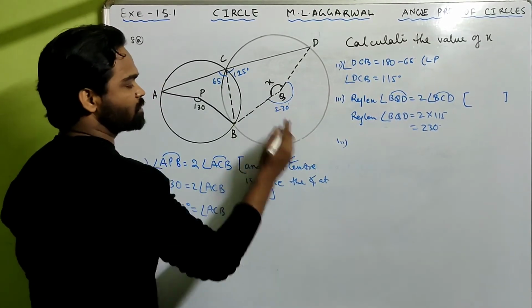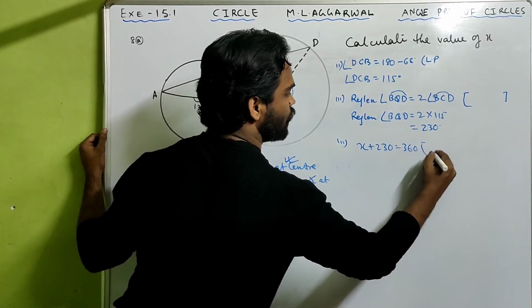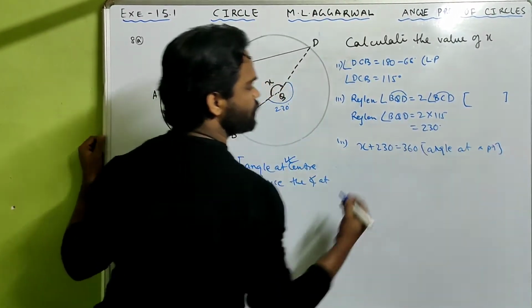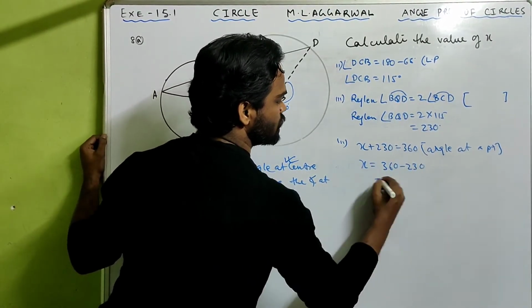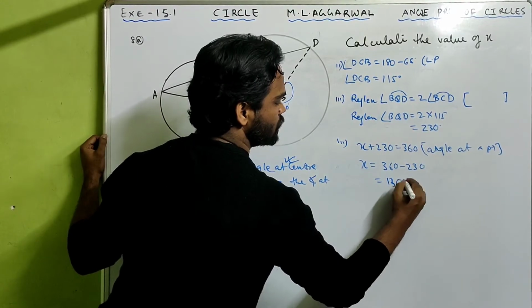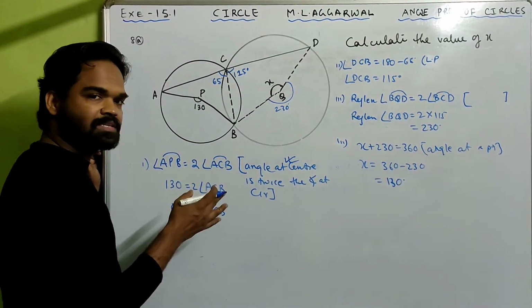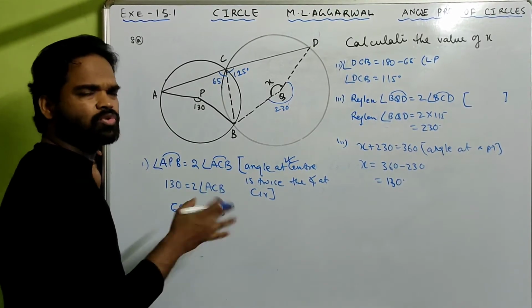Now the last part, X plus 230 degrees will be 360. Angle at a point is 360, which means X will be 360 minus 230. That's 130 degrees. Very easy. Just look at the sum properly and use the theorem.